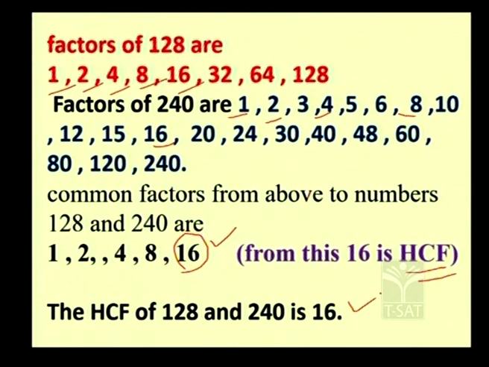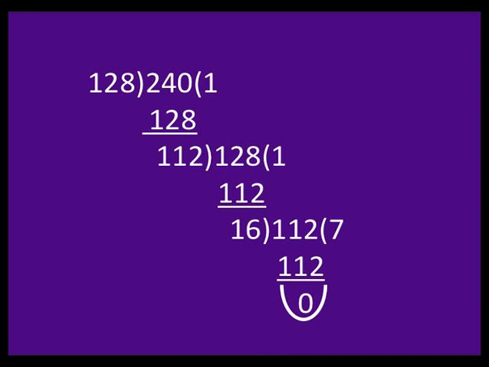Already we know these concepts, but we are refreshing and reinforcing them. See, the HCF of 2 numbers we can find by the division method also. Here, from 128 and 240, which is the bigger number? 240. So, when you divide 240 by 128, 128 ones are 128, right.